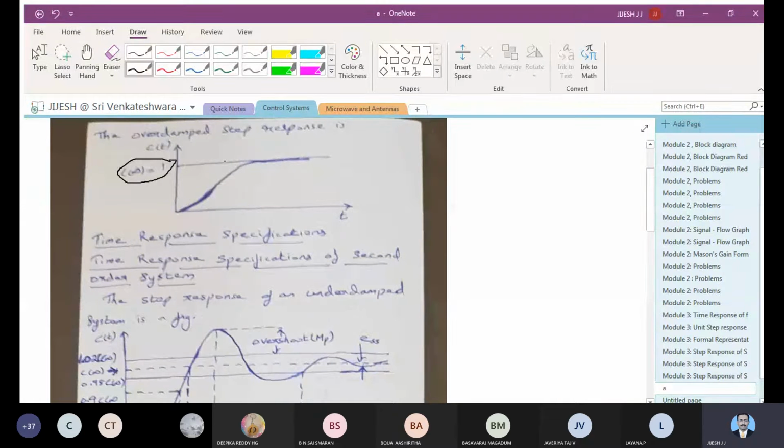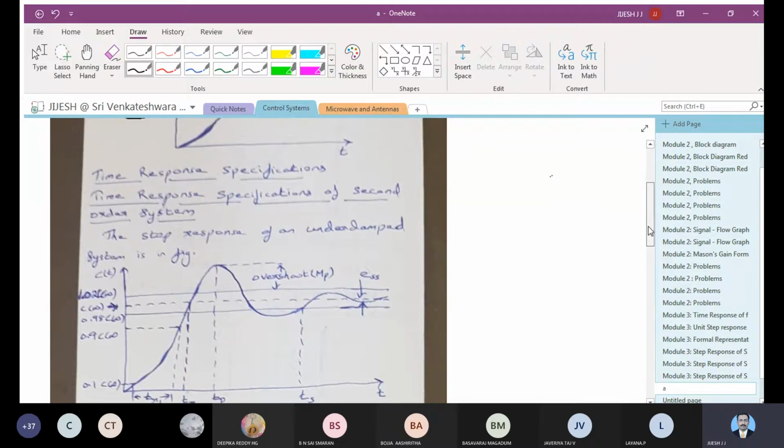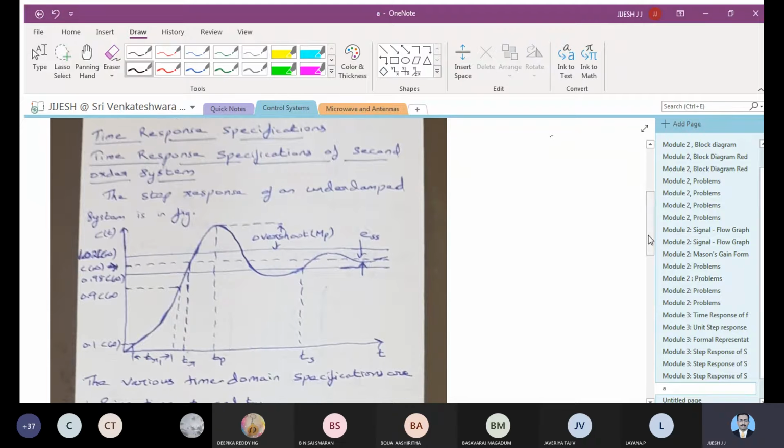The equation we have already seen before. I think all of you might have completed that figure, so we will see the time response specifications. Here we will be studying rise time, fall time, overshoot and all those things for a second order system.